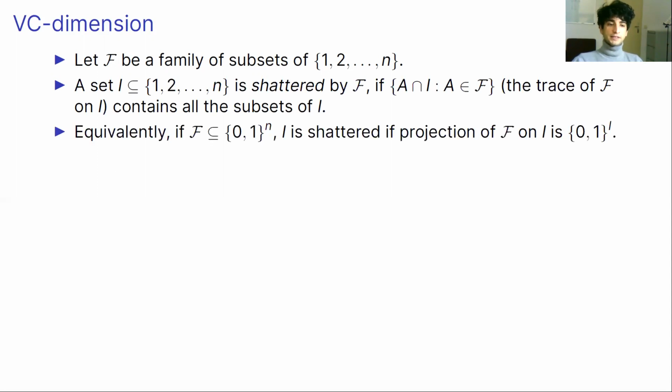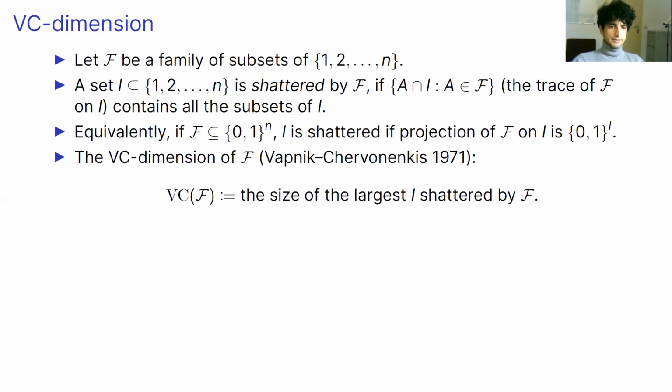If you view this family as a subset of the Boolean cube, it means that on that particular set of coordinates, you can see the whole Boolean cube, and we call this shattered. VC dimension, named after its inventors, Vapnik and Chervonenkis, is the size of the largest such set of coordinates for a family.